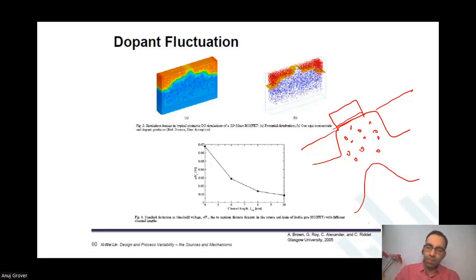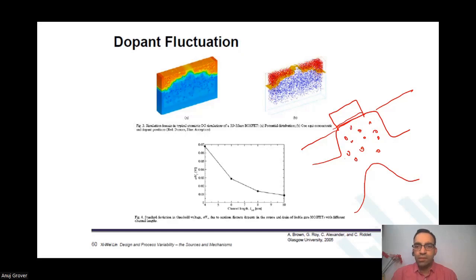Sir, I have two questions. So one is why is this process random, sir? You tell me. I want to bombard 20 dopants in a region which is, let us say, 1 micron by 65 nanometers, minimum length.